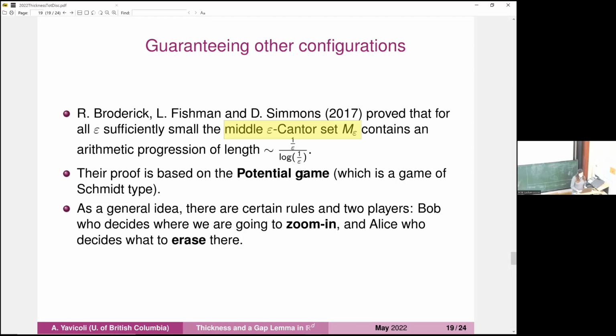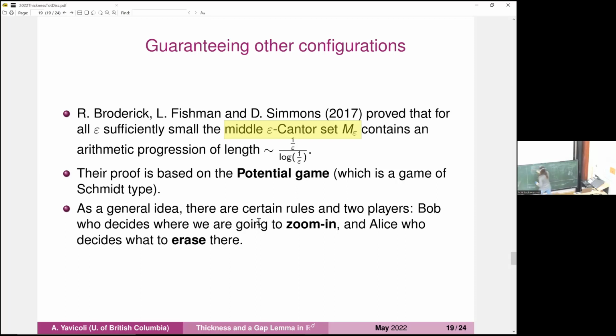And as a general idea, there are certain rules and two players, a player that is called Bob, who decides where we are going to zoom in. Well, I'm going to do it in the real line, but it's the same in general.